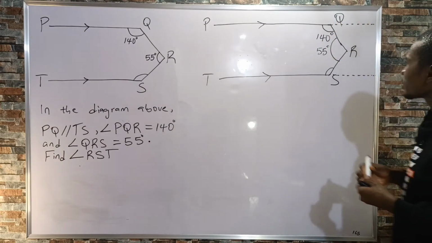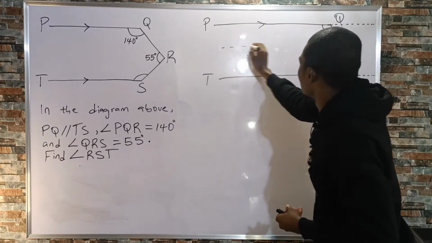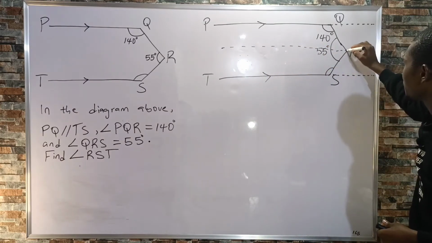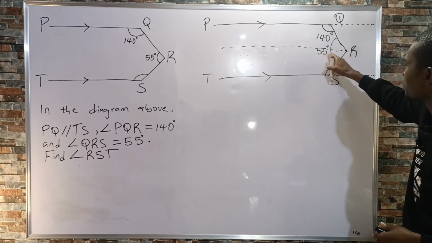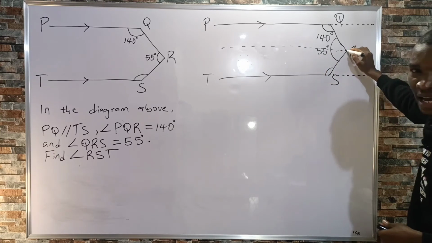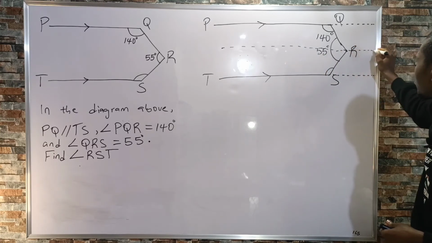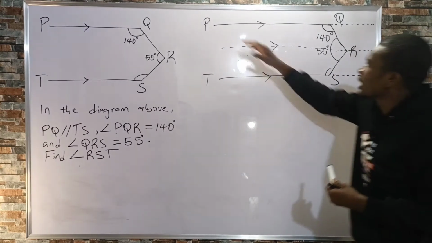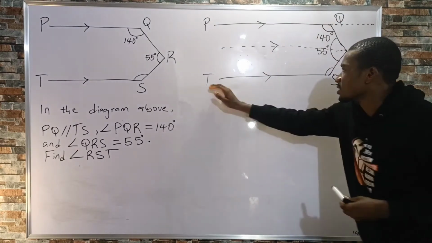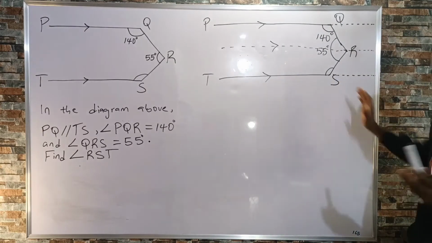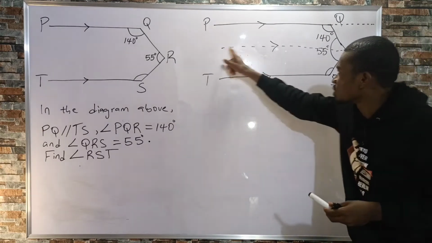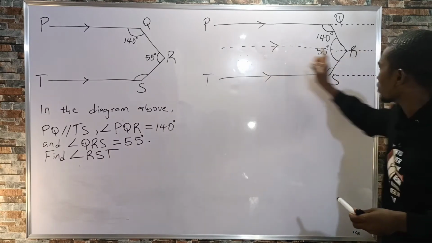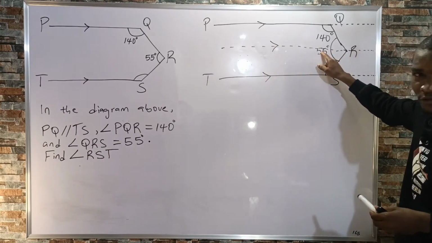Then I will make another projection to cut this given angle 55 degree at the point R. It will cut it such that it will also be parallel to the line PQ and the line TS. That is very simple. I made a projection line here that was able to cut the angle 55 degree.